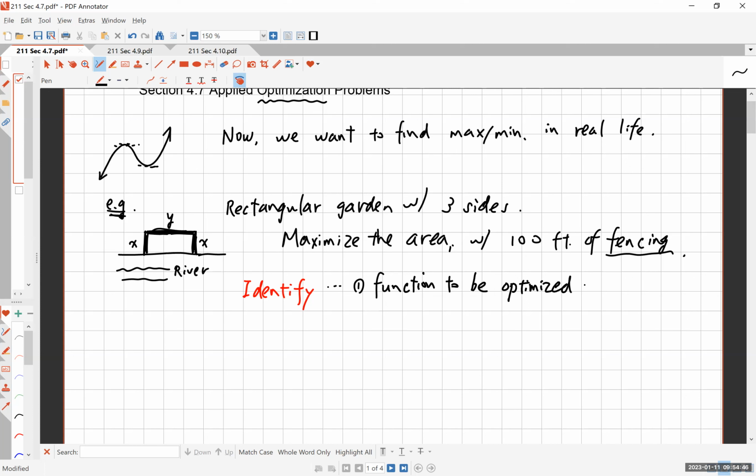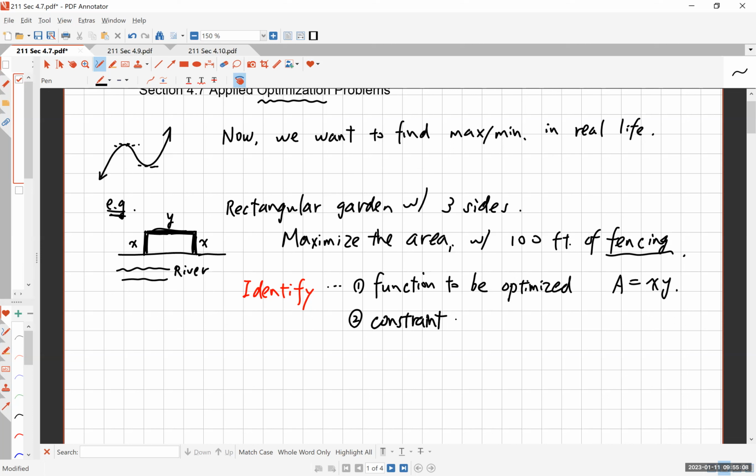Okay, and in this case, you know what that thing is. It's the area. Okay, the area function is, of course, x times y, right? Because that's the area of a rectangle, x by y, dimensions x and y, in this case, x and y feet.